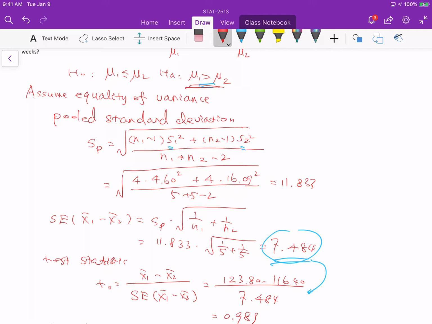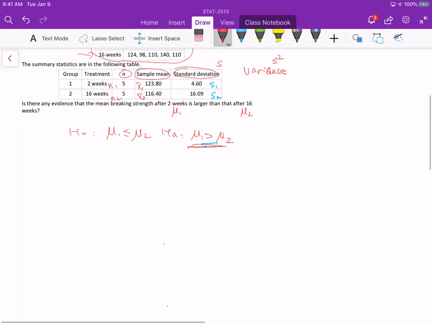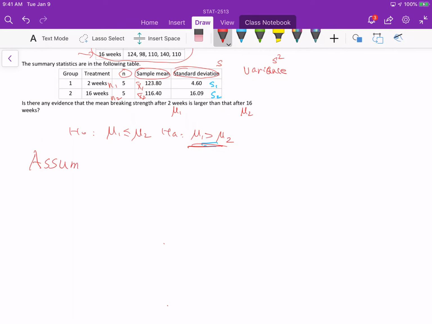Now, if we assume inequality of variances, the test statistic is still x1 bar minus x2 bar over the standard error of x1 bar minus x2 bar. But how to get the standard error is different.